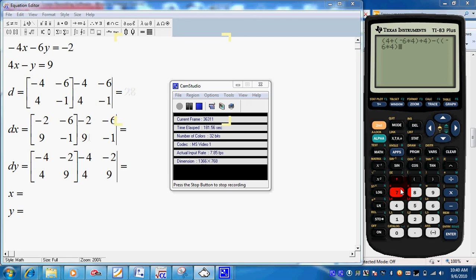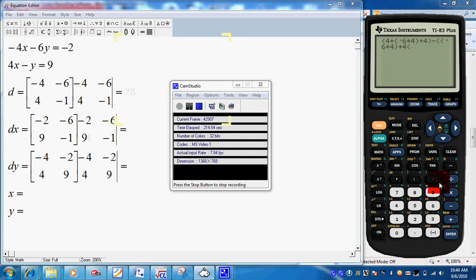Now we add a positive 4 because minus 4 times minus 1 is a positive 4. And then the last thing we're doing, the exact same thing we did as the first part of this, is minus 6 times 4. So we'll put that in again.